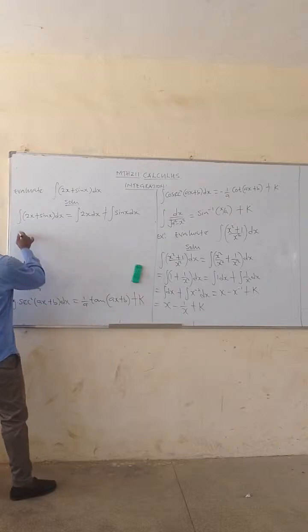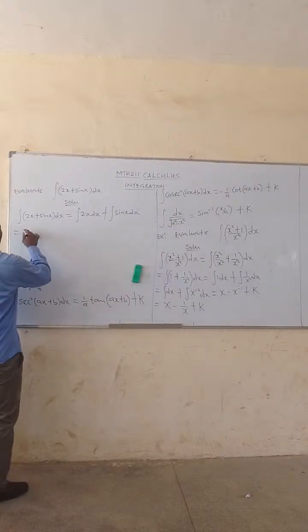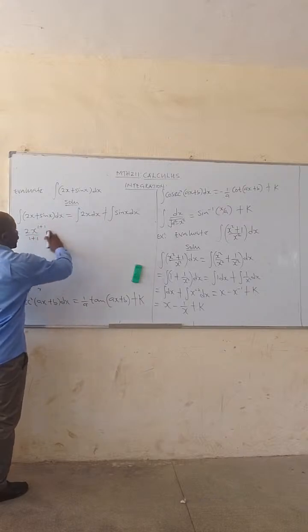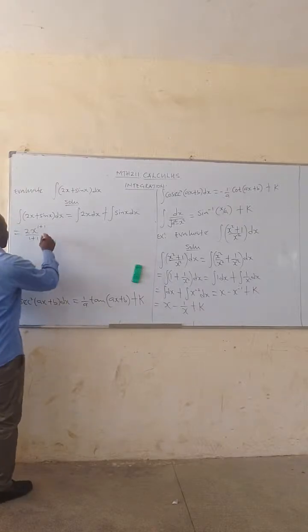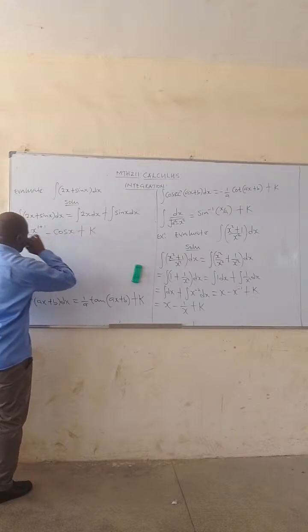So if we integrate 2x dx, what are you supposed to have? You are going to have 2x raised to the power 1 plus 1 all over 1 plus 1. Then, if you integrate sin x dx, you are supposed to have minus cos x plus a constant.